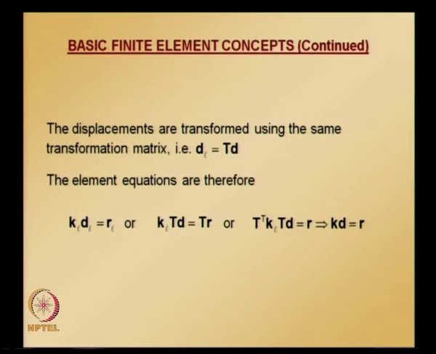Earlier we have looked at this kind of thing when we were solving 2 dimensional or 2D plane truss and 3D space truss problems. We have a similar kind of transformation, except that the transformation matrix here is different.